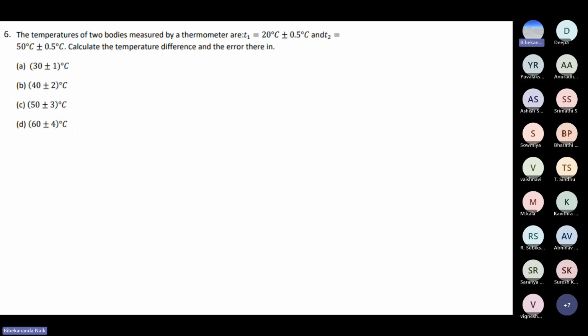So here, since the temperature difference will be T1 minus T2, the temperature difference T is T1 minus T2. Again, this T1 is T1 plus delta T1, and this T2 is T2 plus delta T2. So T1 is 20, delta T1 is 0.5, T2 is 50, delta T2 is 0.5.